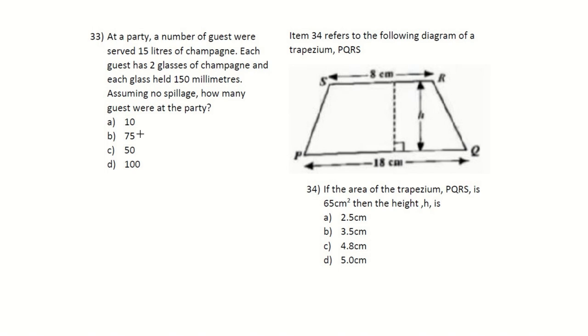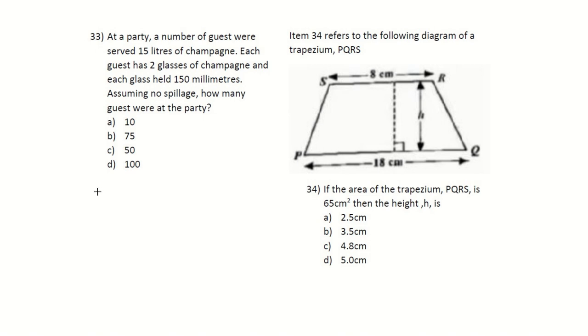This question here, guys, comes a lot, so pay attention to this one, okay? At a party, the guests will serve 15 liters of champagne. Each guest has 2 glasses of champagne, and each glass has 150 milliliters. Assuming no spillage, how many guests were at the party?